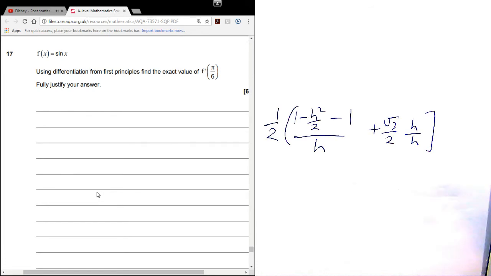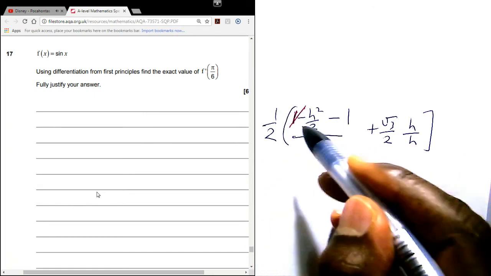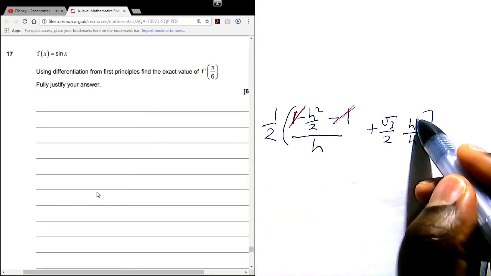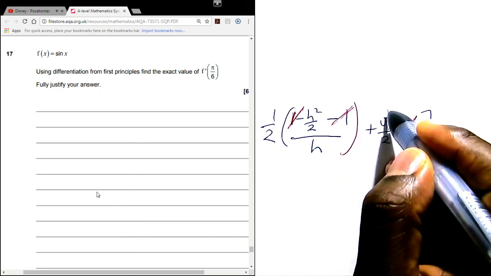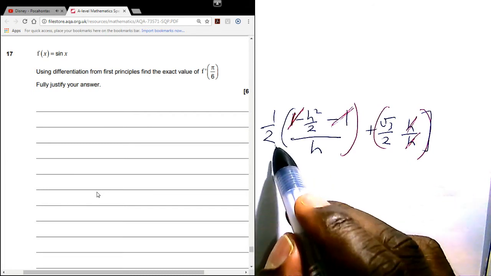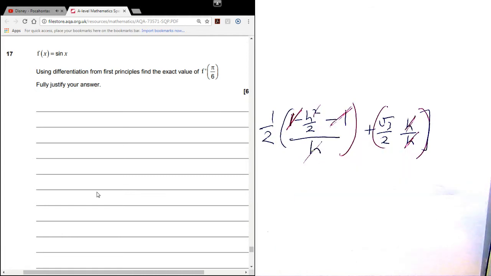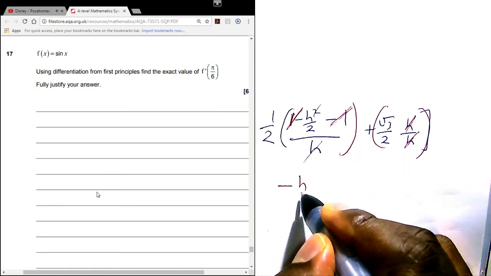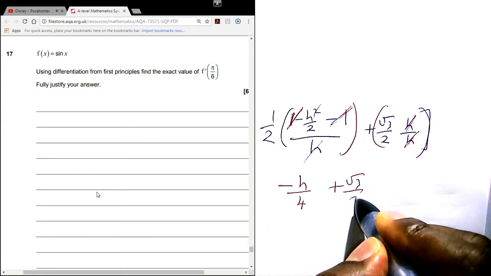So I expect this one to cancel that one. I expect this h to cancel that h. By the way, this bracket is for that, and then this is its own bracket. So 2 times 2 becomes 4. H cancels the power there. So you have minus h over 4 plus root 3 over 2.